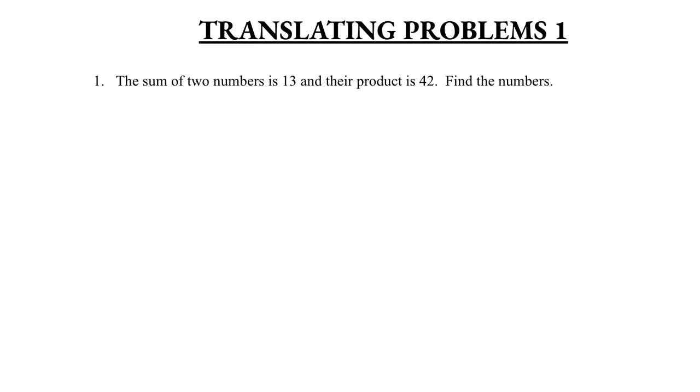So the first problem says the sum of two numbers is 13 and their product is 42. Find the numbers. Now, I'm going to walk you through the process for this one, and I'm going to tackle it two different ways. I am not saying that these are equal, and I want to be very clear on that.